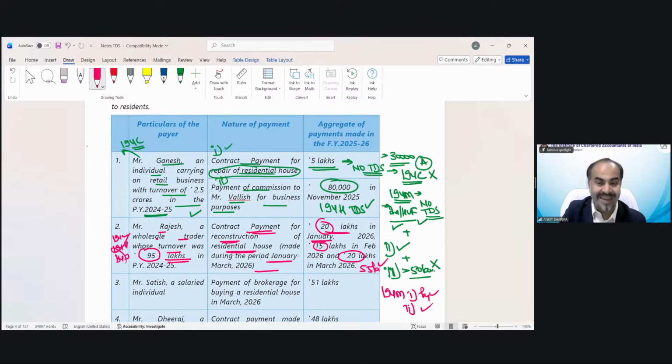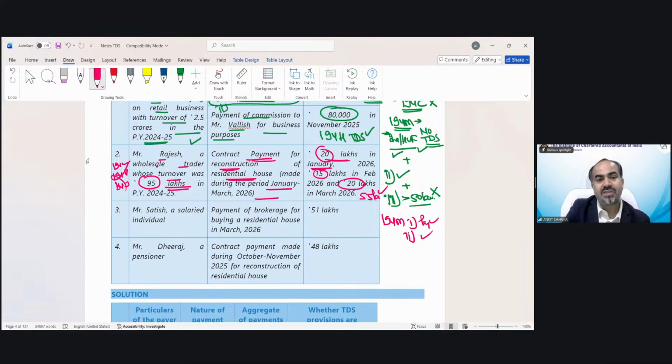That means TDS is required to be deducted under section 194M on the full value of 55 lakh rupees in the month of March. Understood? 194C is not applicable initially because the payer is not included under section 194C. But now we check section 194M, so TDS is going to be deducted under section 194M.